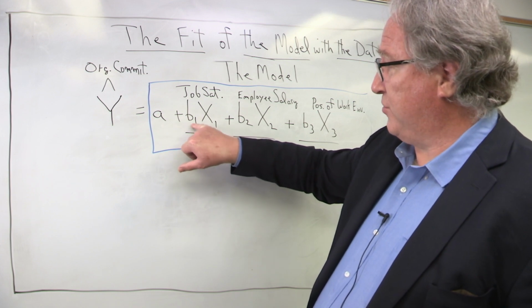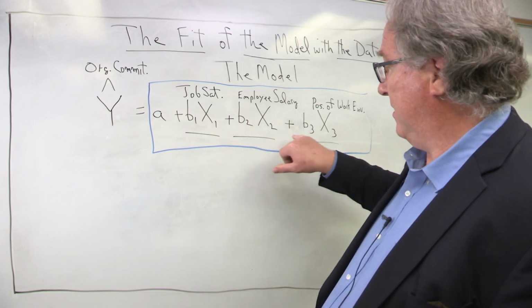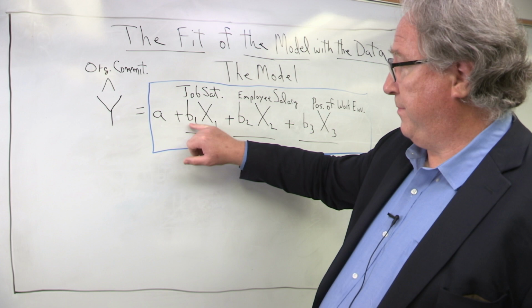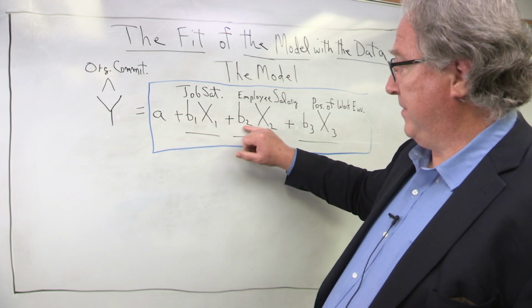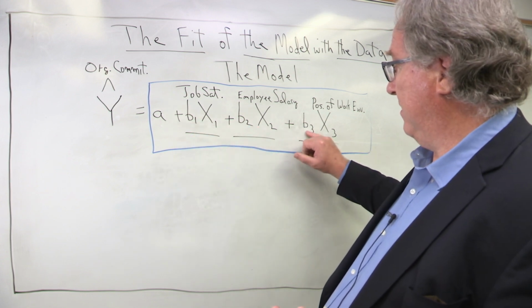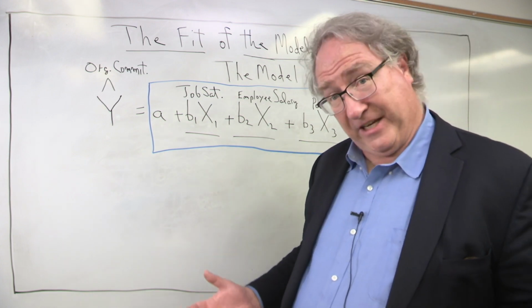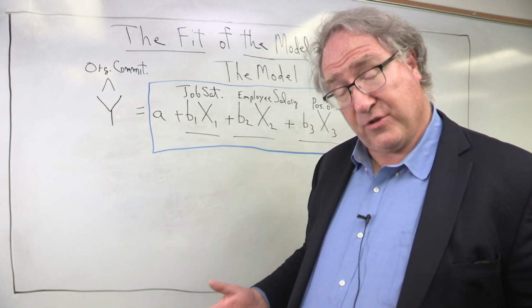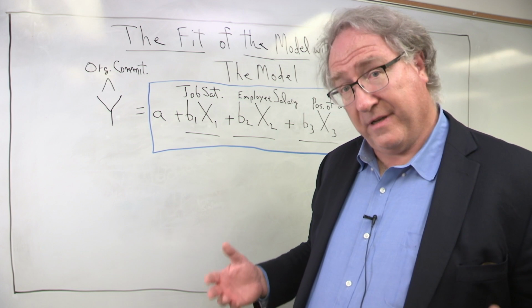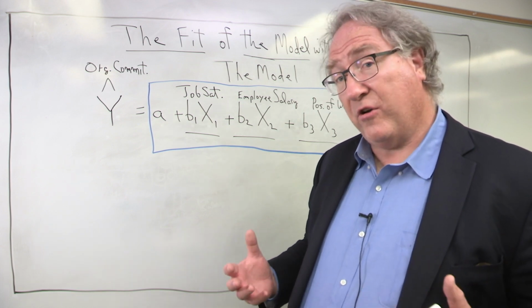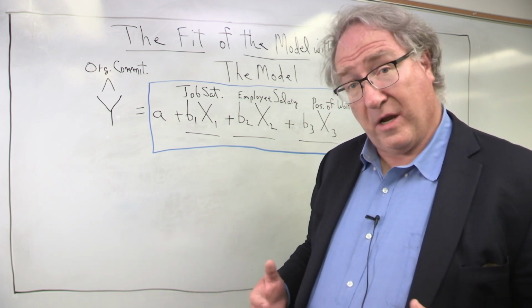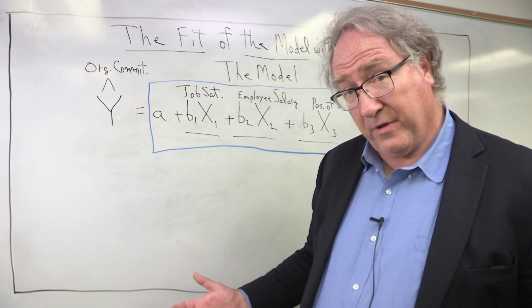These unstandardized regression coefficient values, B sub 1, B sub 2, and B sub 3, they're fixed unstandardized regression coefficient values. They're fixed. So they also have the same value across all your participants in your sample.